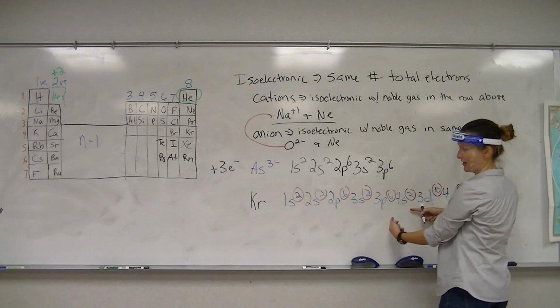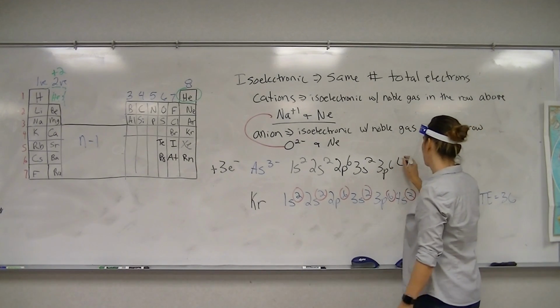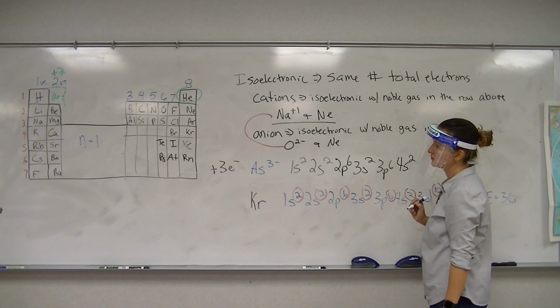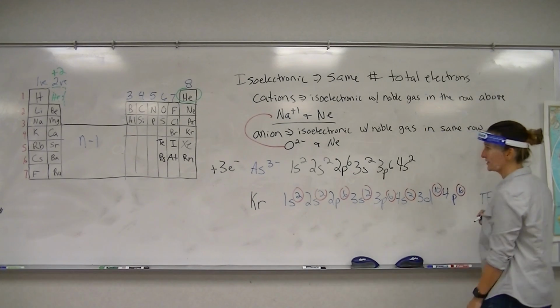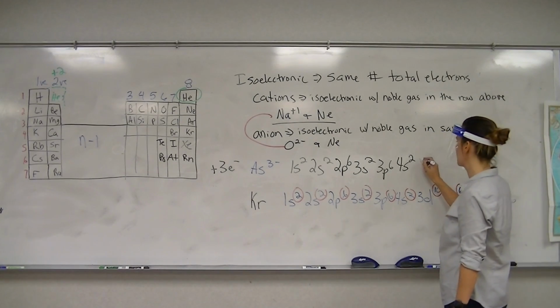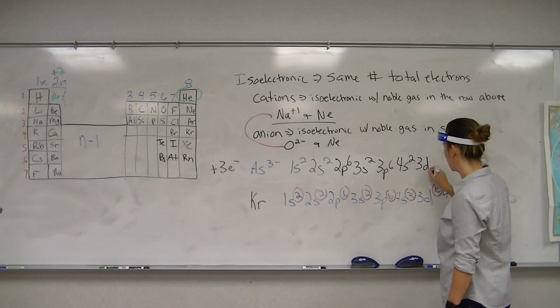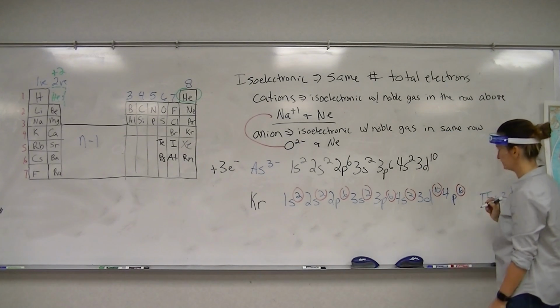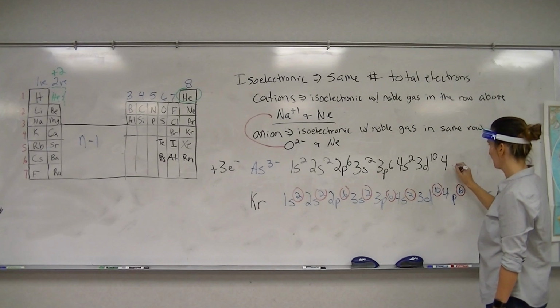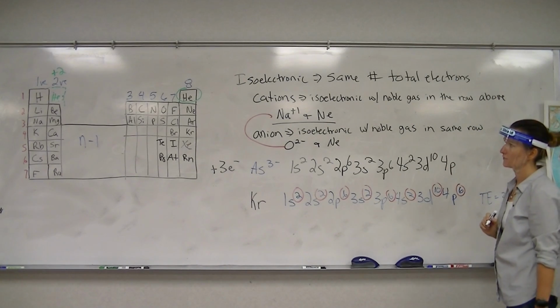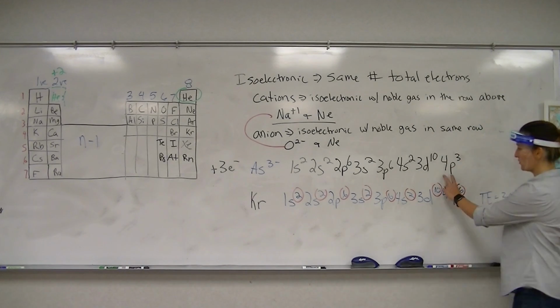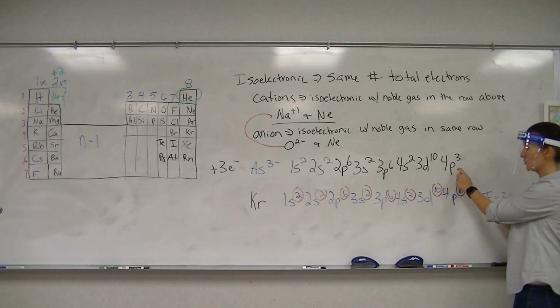So far so good, right? We're sticking with the same. So we're at calcium again. We hit the D's, and D's are always 1 less, so 3D, and there's 10 total. 3p3, so this is the neutral version.